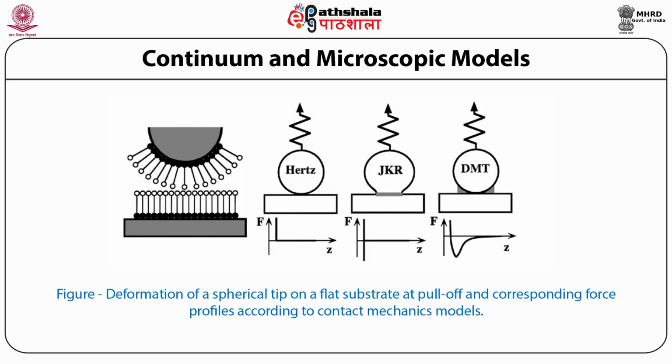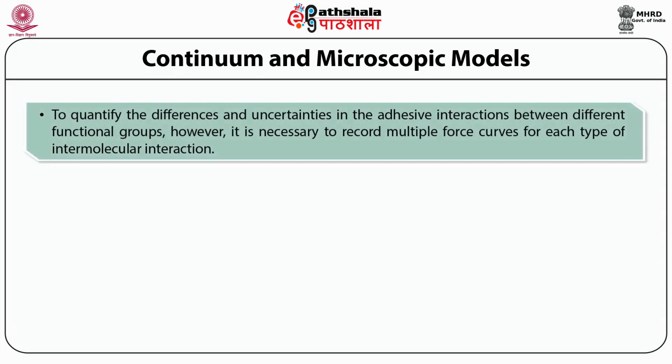So this indicates in what way the surface changes shape when it is compressed. To quantify the differences and uncertainties in the adhesive interactions between different functional groups, however, it is necessary to record multiple force curves for each type of intermolecular interaction.